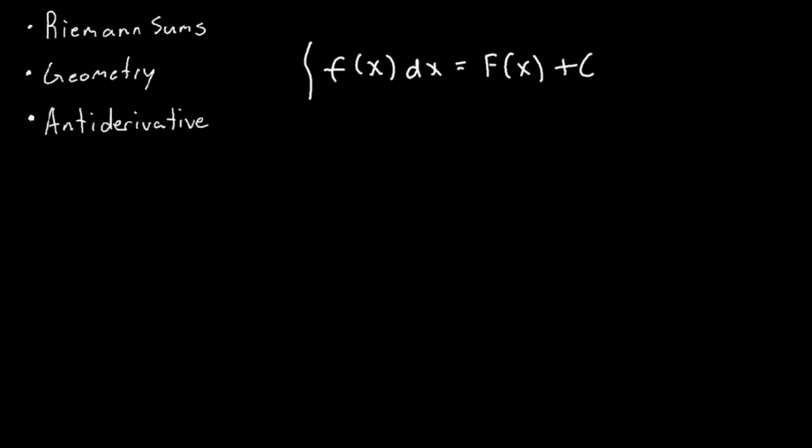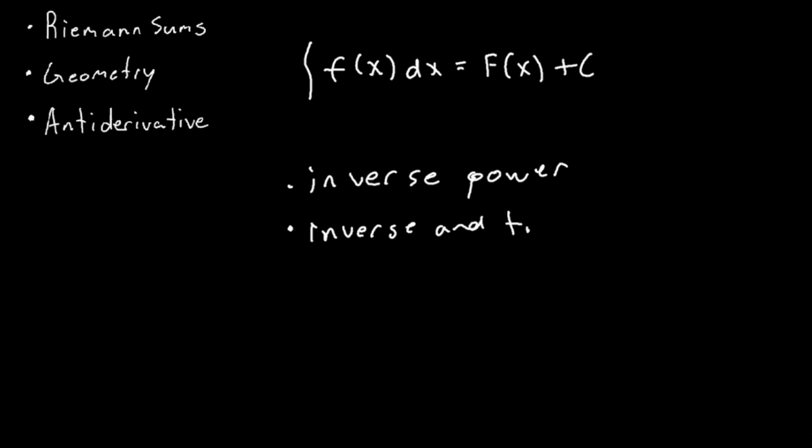So if I wanted to introduce the idea of how to solve for antiderivatives, I already gave you a gist of it, but you have to use things like the inverse power rule. That's going to be the main one you're going to be using in Calculus 1. You're also going to be using the inverse trig and trig function integrals.